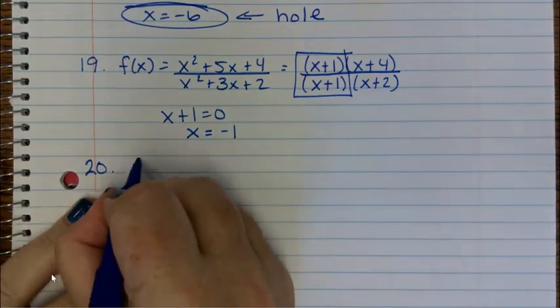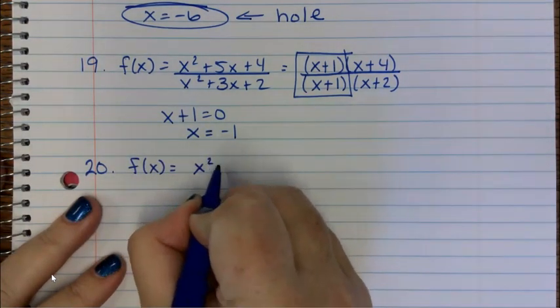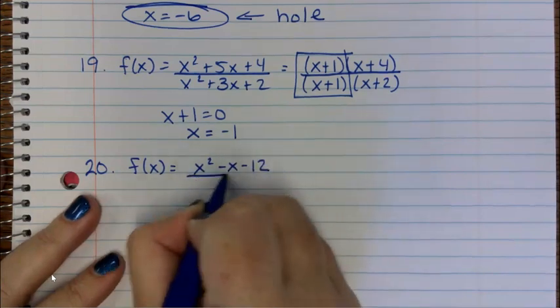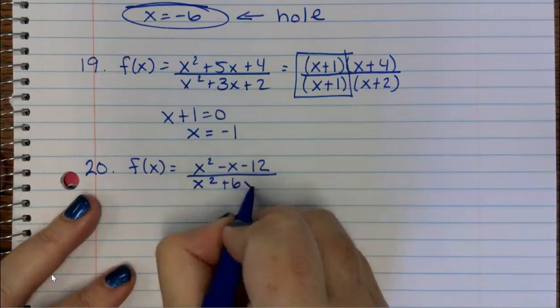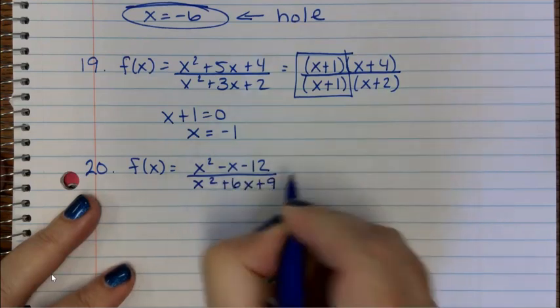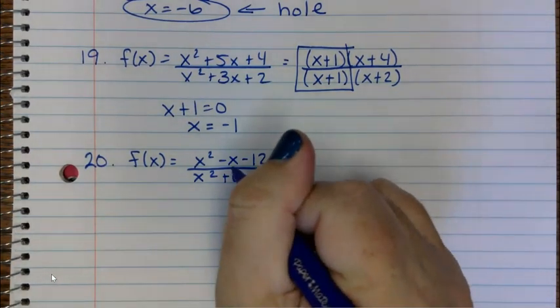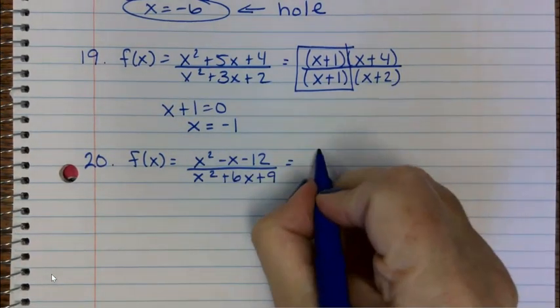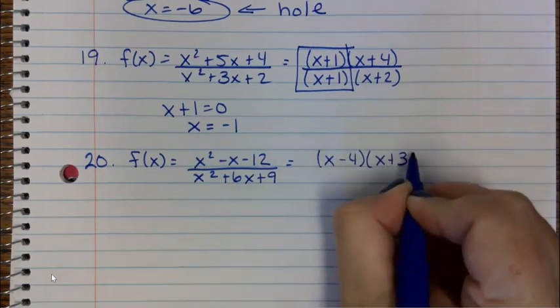And last one here, x squared minus x minus 12, and x squared plus 6x plus 9. Okay, so what times what gives me negative 12 that gives me negative 1? So x minus 4 and x plus 3, I believe.